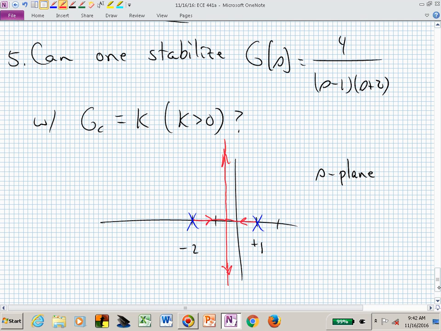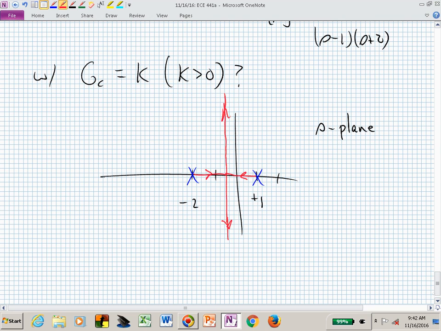Can you find the lower bound on K for this system to be stable? Is that a challenging question? Not if you can see the root locus. You need to crank up the gain K enough to push you into the left half plane on this root locus. And where is that going to happen?